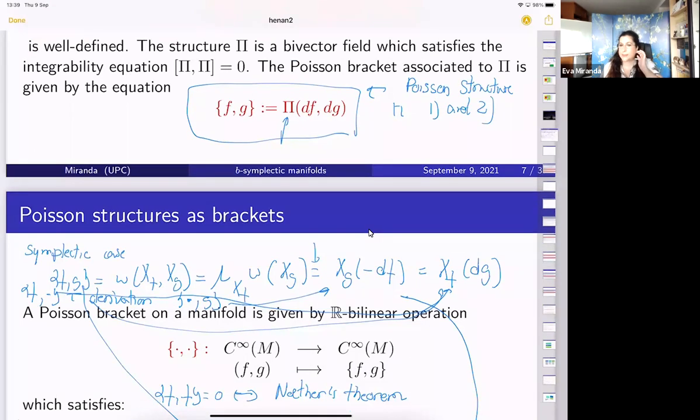But now I'm going to ask the public to give me another example. Let me see if I can see your faces. I cannot. Can I see your faces when I'm doing this? Yes, I can. Do we have any volunteer to give me another example of Poisson that is not symplectic?